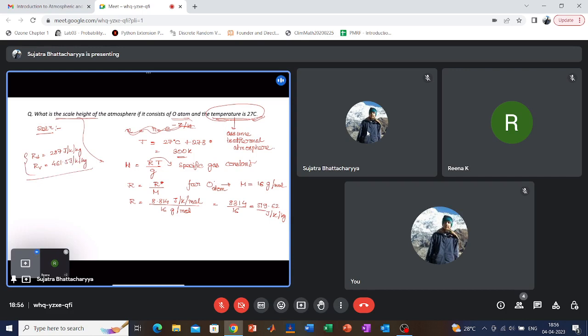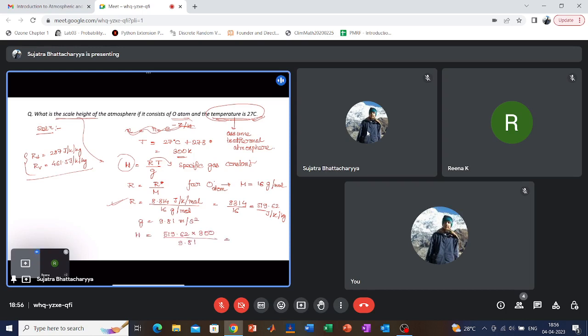And if we know this R now, we can easily find H. Now g is 9.81 meters per second squared. So H will be equal to 519.62 into 300 divided by 9.81.